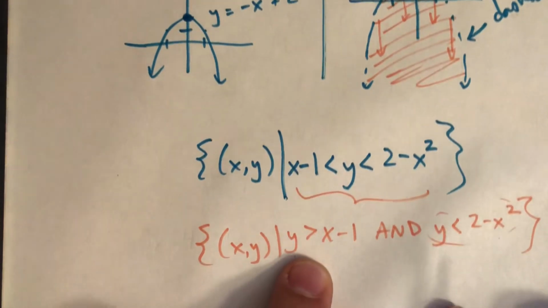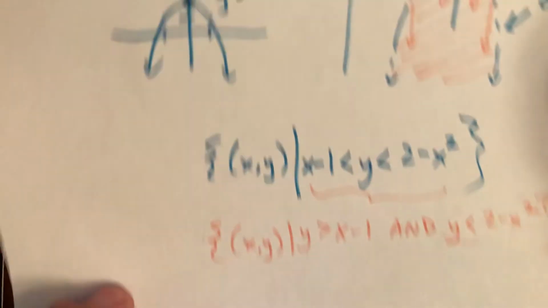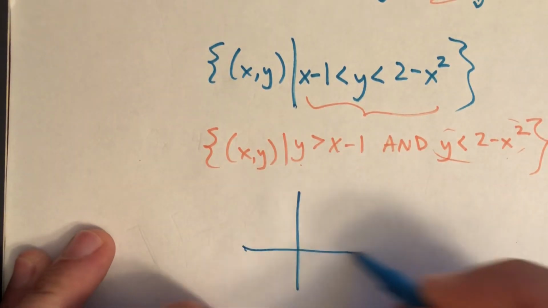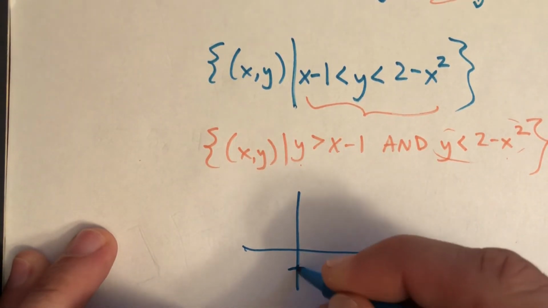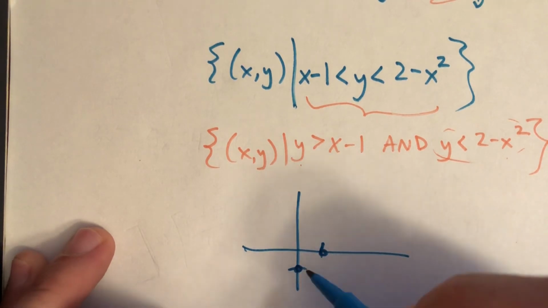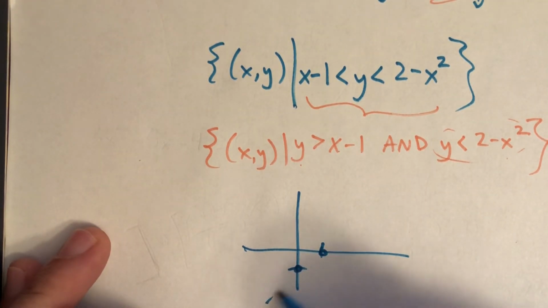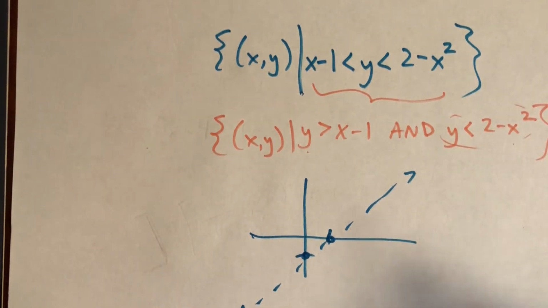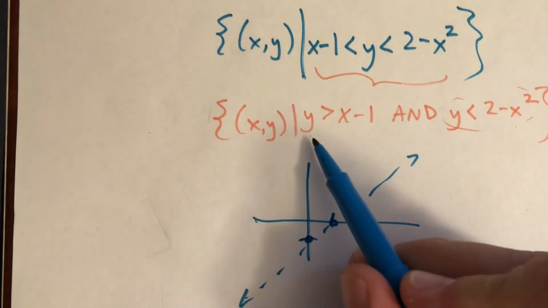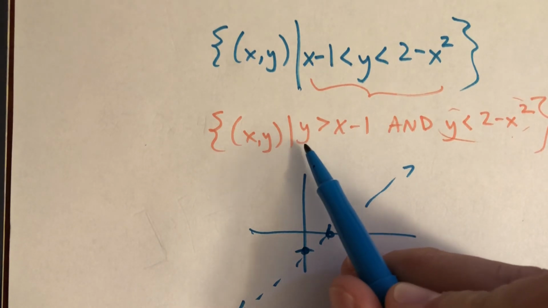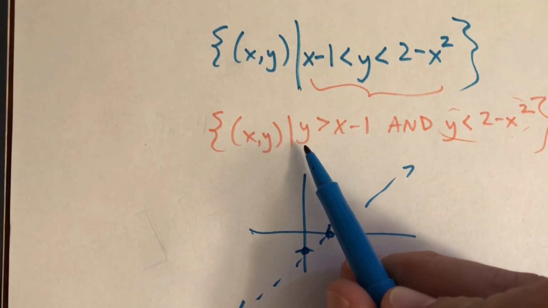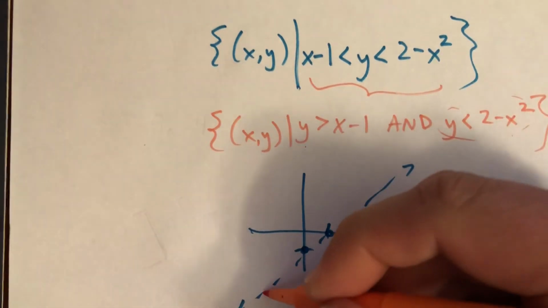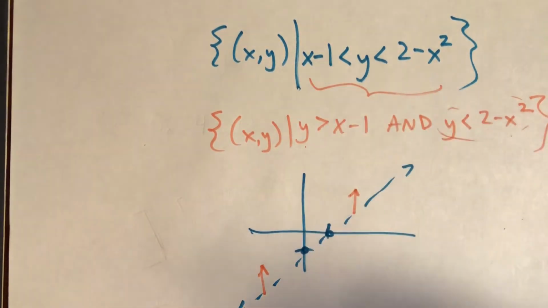So we know what this graph looks like, right? y equals x minus 1. I can draw that down here, right? It would have y-intercept -1, slope is 1. Dashed line, right? I would want my y values to be larger, so they're going to be up on top of that line, right?